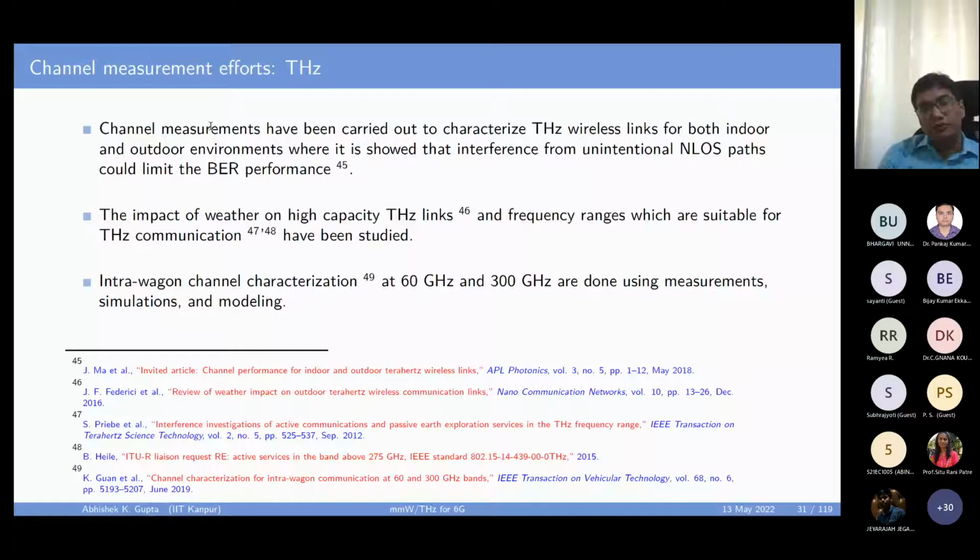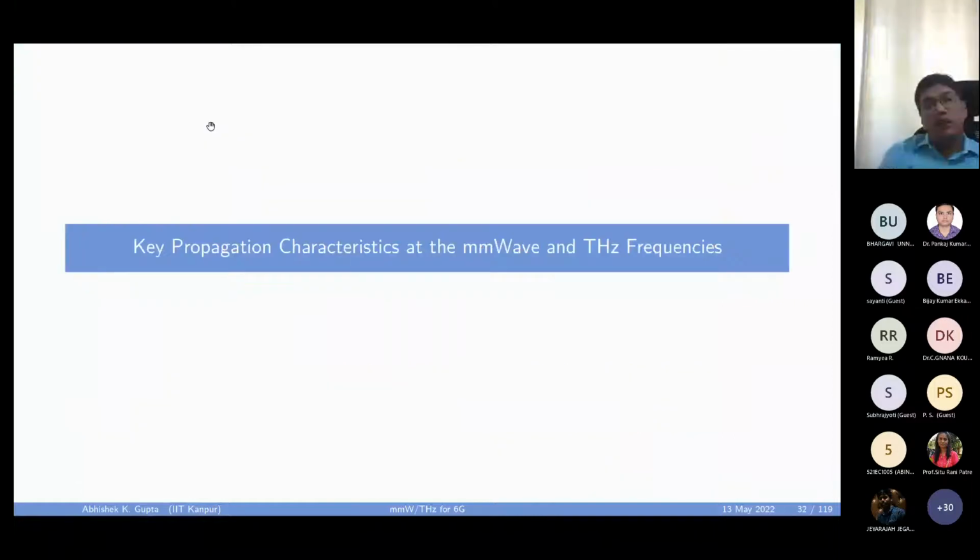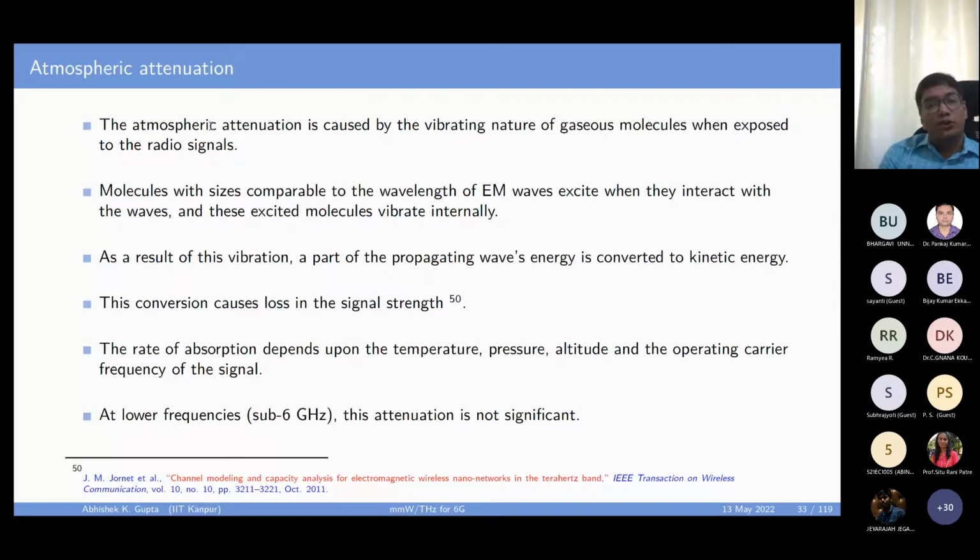So from these channel measurements, people have come up with key propagation characteristics of millimeter wave, and I'm going to discuss some of them. As I said, there is something called atmospheric attenuation, which is caused by the molecules in the gas.